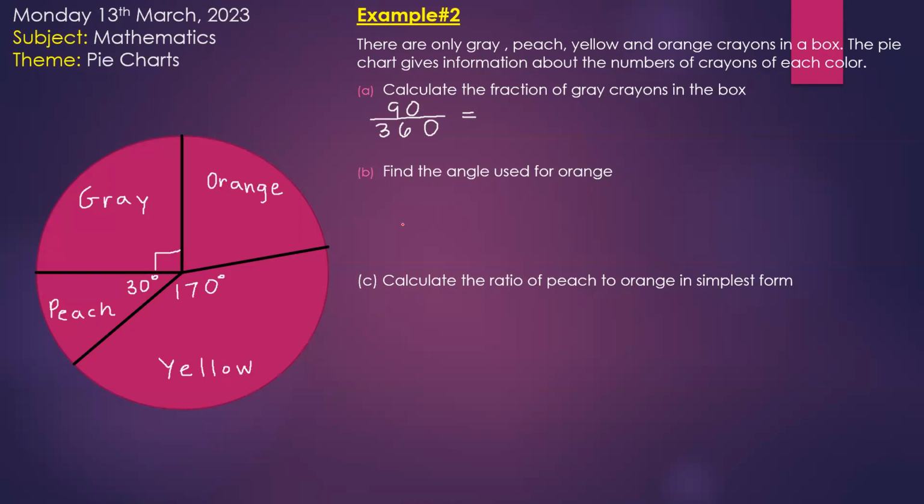Angles around the circle. Angles inside a circle out of 360. What do we do at this point? We're going to cancel out the zeros. So we are left with what? 9 over 36.